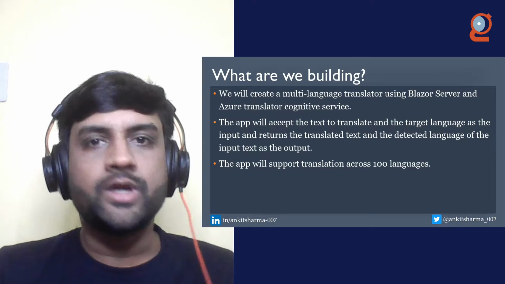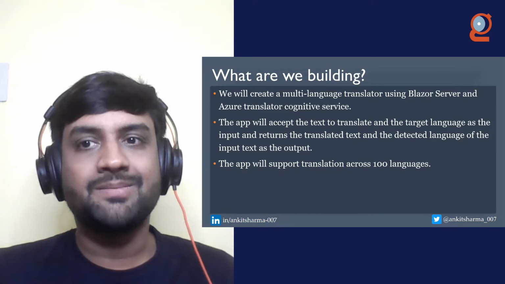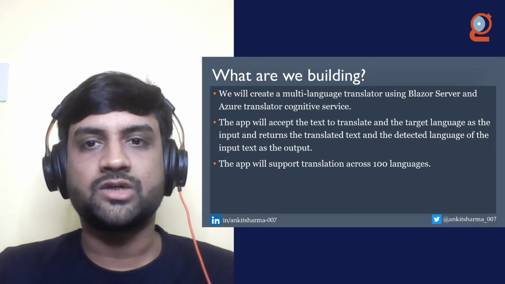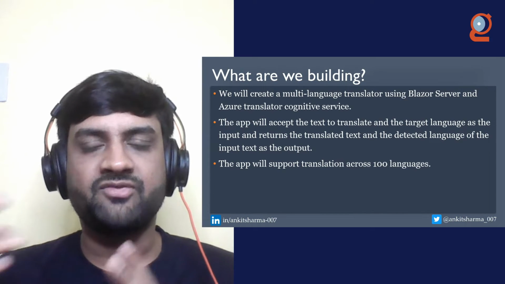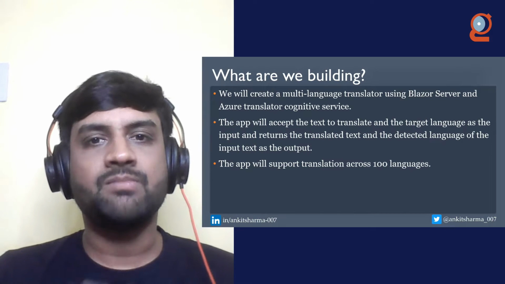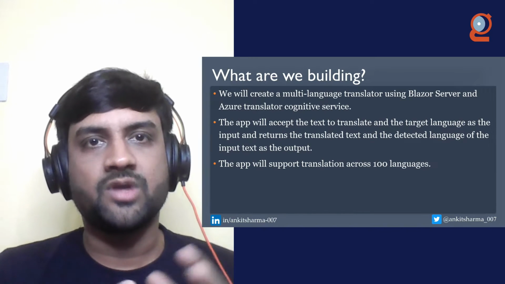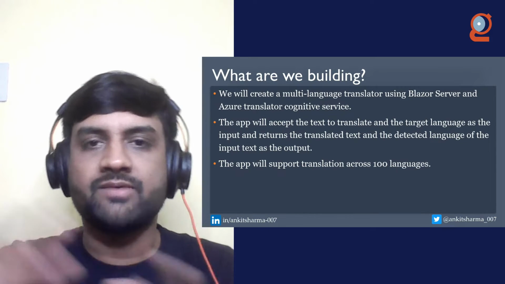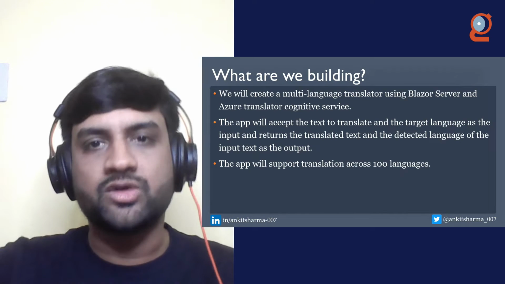So what are we going to build today? We are going to create a multi-language translator using Blazor Server and Azure Translator Cognitive Services. Blazor provides different hosting models, and we are going to use the Blazor Server hosting model. A multi-language translator means it will translate text from any language to another, and the user can decide which language they want to translate to.